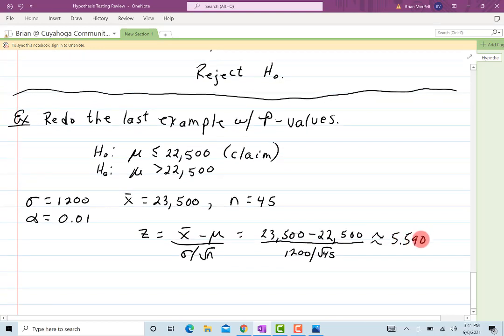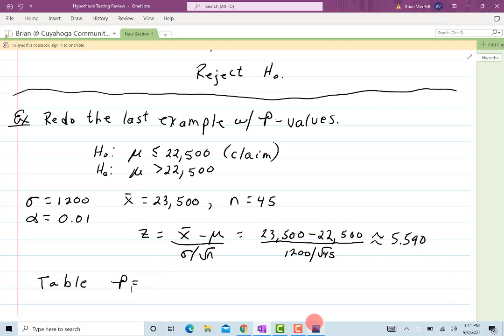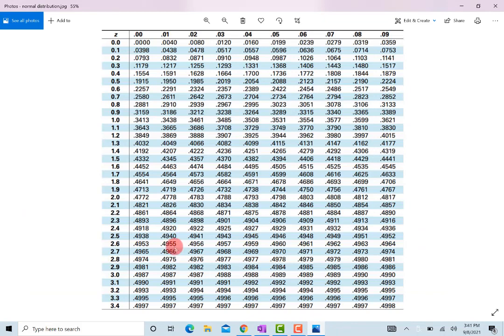Now, we go and look at the table. That's going to be the area to the right of 5.590. I don't even know if the table goes that far. Let's see. It does not. So we may assume that the p-value is essentially 0. Not quite, but it's beyond this table.